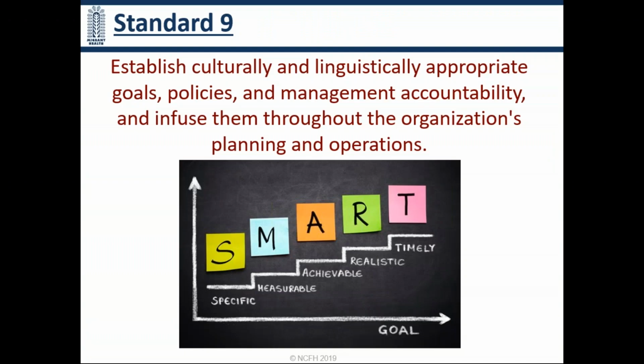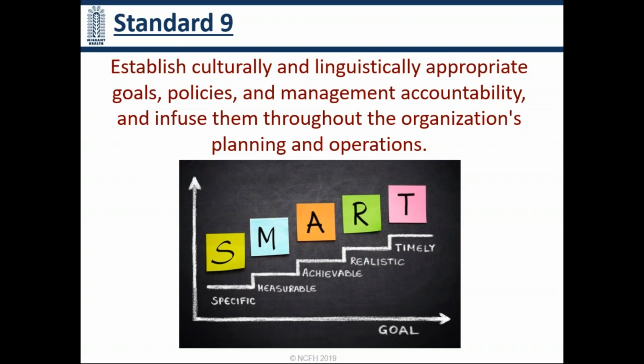So standard 9 is establish culturally and linguistically appropriate goals, policies, and management accountability, and infuse them throughout the organization's planning and operations. The purpose of it is to make CLAS central to the organization's service, administrative, and supportive functions.